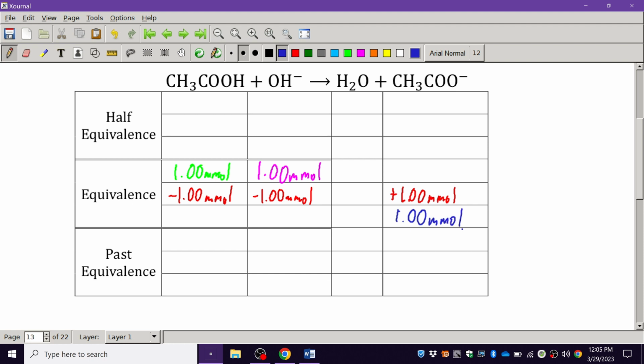So what kind of solution do we have? We have a solution that contains conjugate base. What kind of solution is it? Is it neutral? Okay, it's basic, but how would we treat it? If we were going to calculate the pH of this solution, as we have talked about, and as you need to be able to do for a week from today, what kind of solution is this?